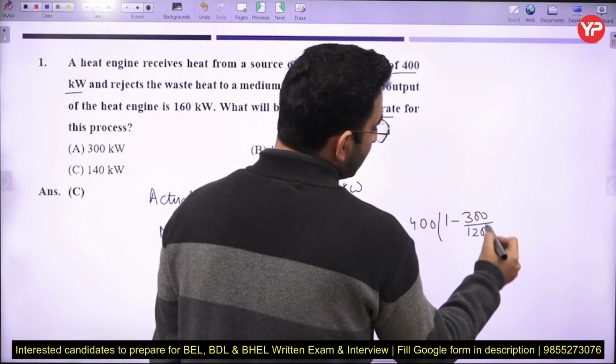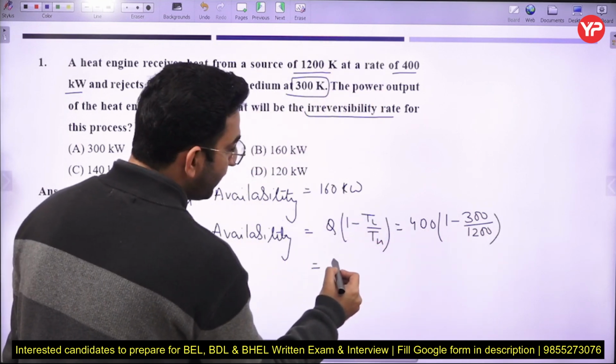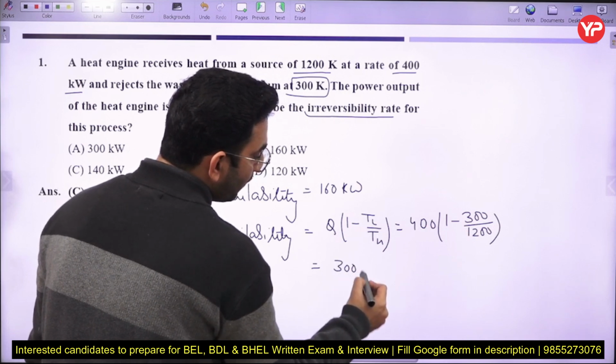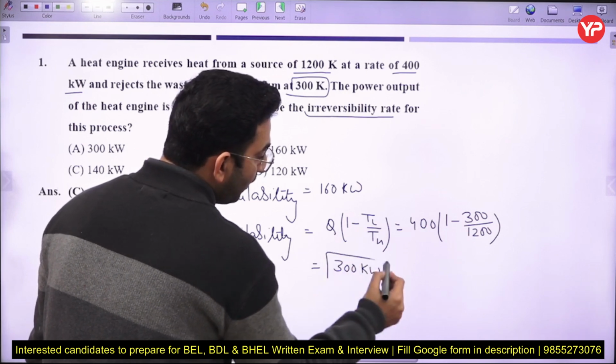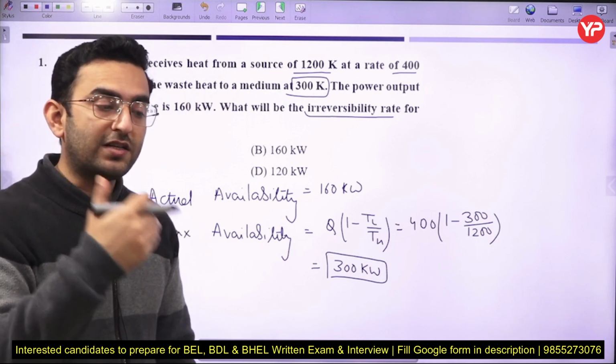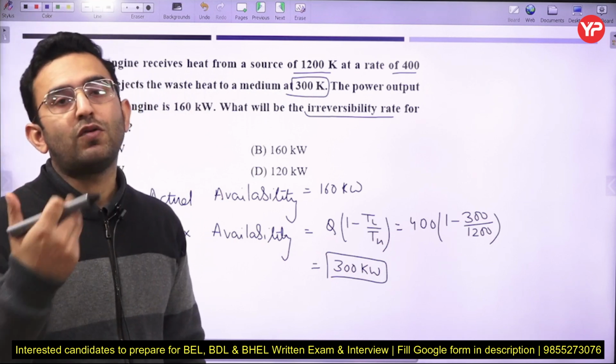The value of the maximum availability comes out to be 1 by 4, that is 300 kilowatt. The irreversibility rate, the decrease in available energy, and the increase in unavailable energy are all the same thing.